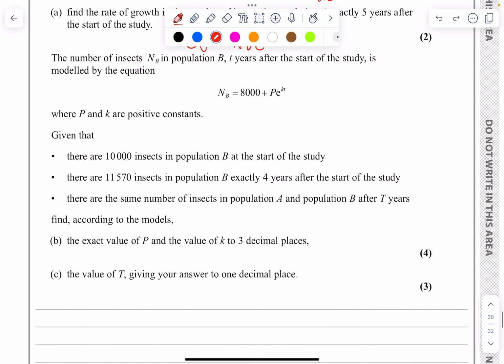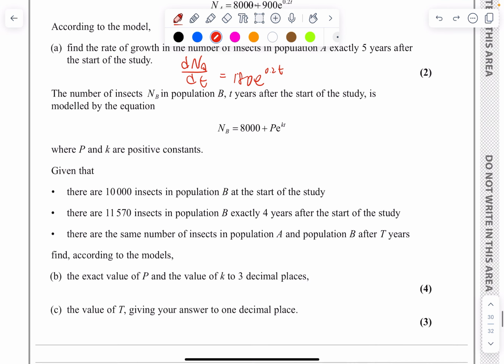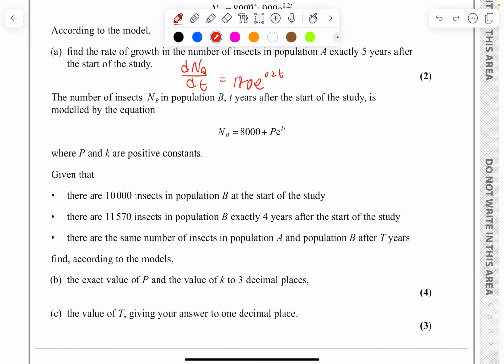What are we doing here? There are 10,000 insects in population B at the start of a study. So that means when t equals 0, this equals 10,000. So that means p is 2,000. Why, you may ask? Because at the start of the study, it means t equals 0. That means e^kt equals 1, because e to the 0 power is 1.